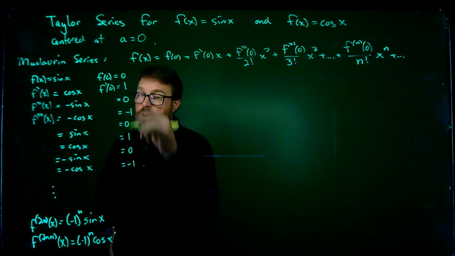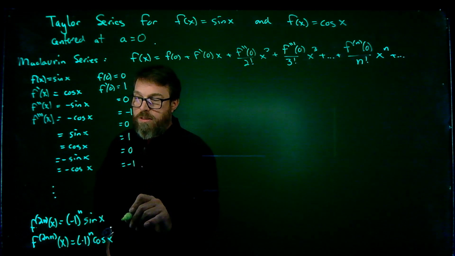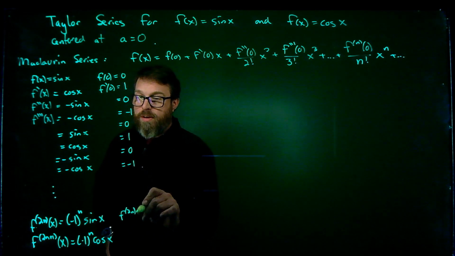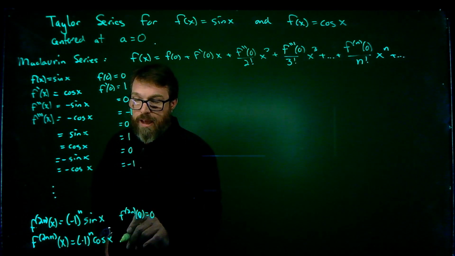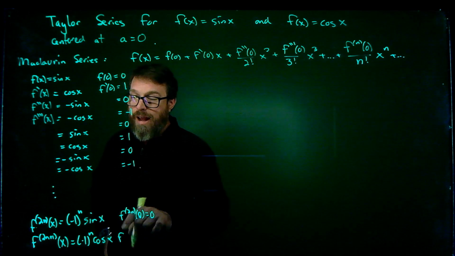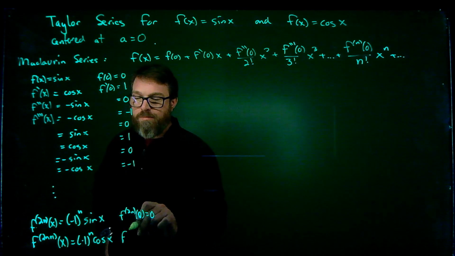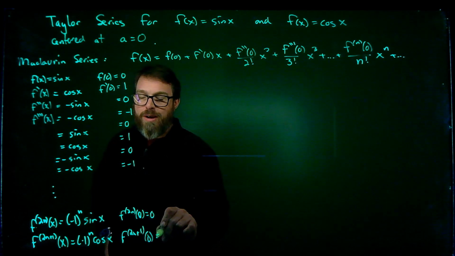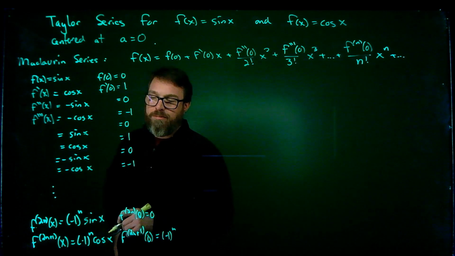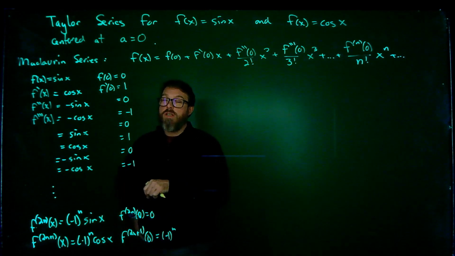But I can tell that for all the sine functions, the even derivative at 0 is going to be 0. And the odd derivative at 0 is going to be negative 1 to the n, because the cosine of 0 is just going to be 1.